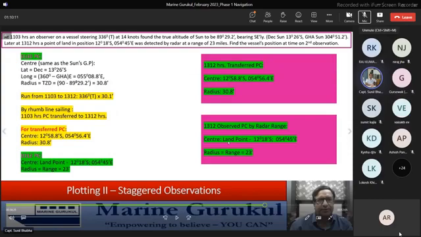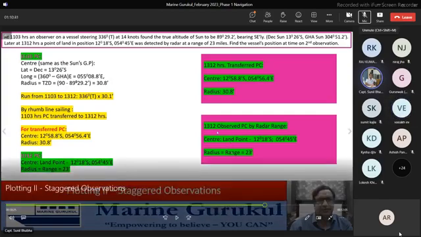Whenever the GHA of the body is less than 180, longitude is equal to GHA and is named west. Correct, beta? Okay, I got it, sir. Now, in other words, whenever the GHA is more than 180, longitude is equal to 360 minus GHA and it is named east. Okay, got it.